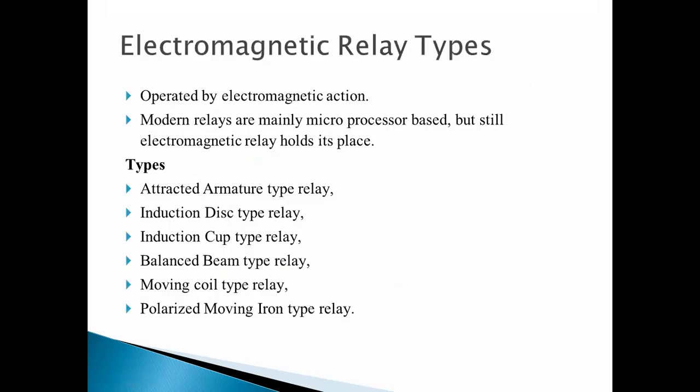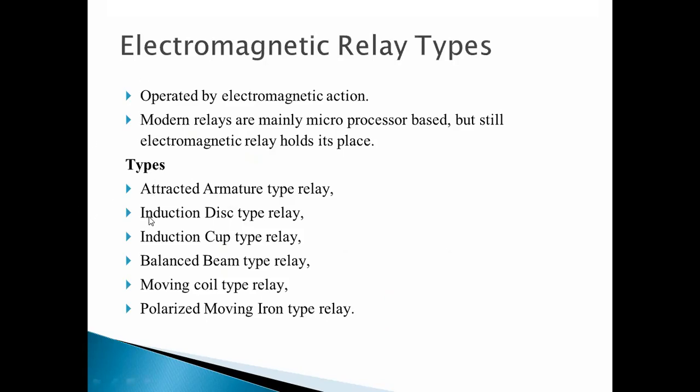Okay. Then there are different types of these electromagnetic relays. Actually here the basic working or basic relay construction is given, but according to the construction, there are different modes of working also.